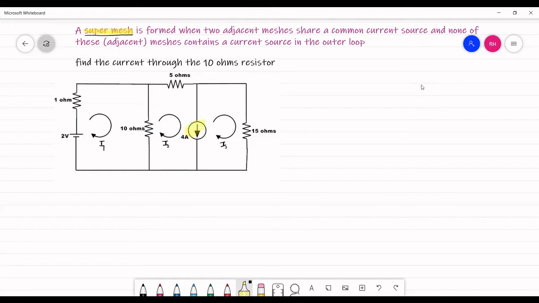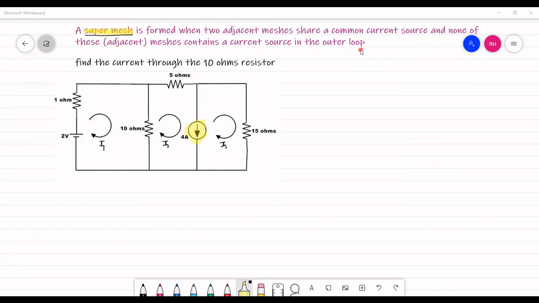As you can see here, this current source is common to both mesh 2 and mesh 3, and hence we say that this is a supermesh. A supermesh is formed with two adjacent meshes that share a common current source, and none of these meshes contain a current source in the outer loop.